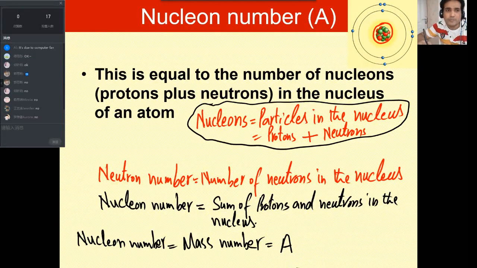You need to understand what is proton number, what is atomic number, what is nucleon number, and what is mass number. These are basic things we need to understand. Any questions until now? Please check if you understand this.